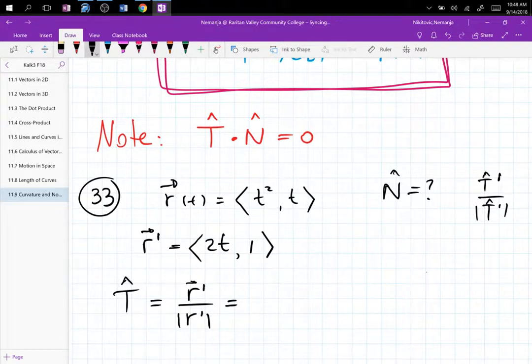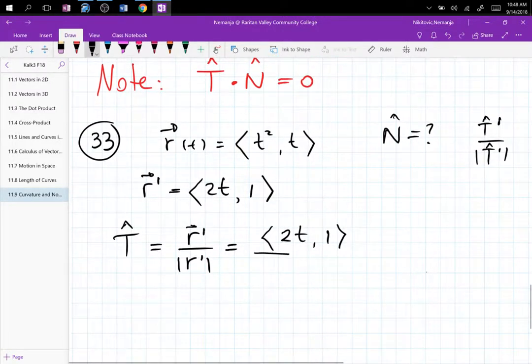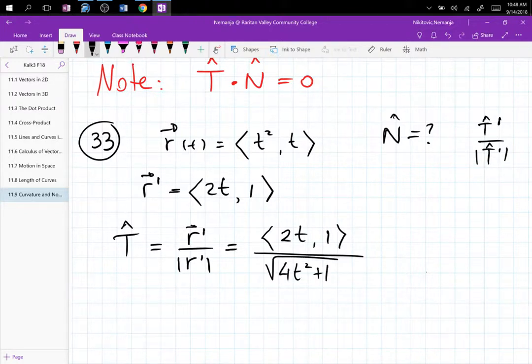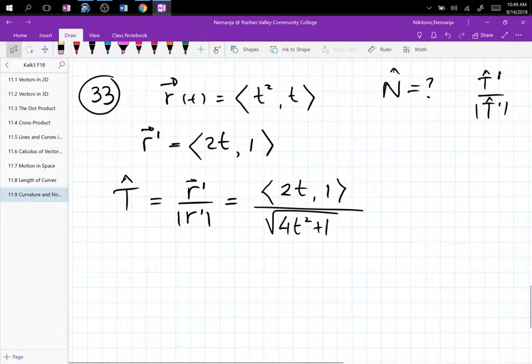This is where the stuff goes to hell, right here. You have your r prime, so nice and sweet, and then you have its magnitude as the square root of 4t squared plus 1. Great, we have a tangent vector.